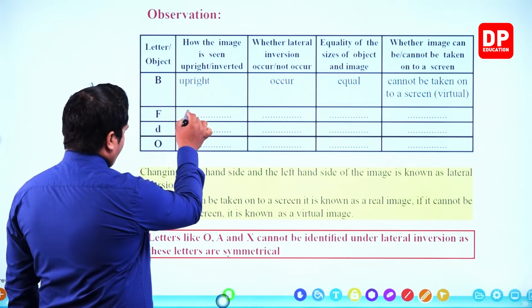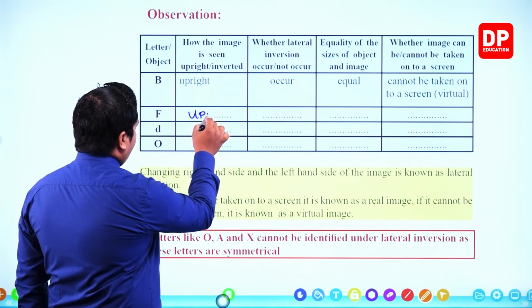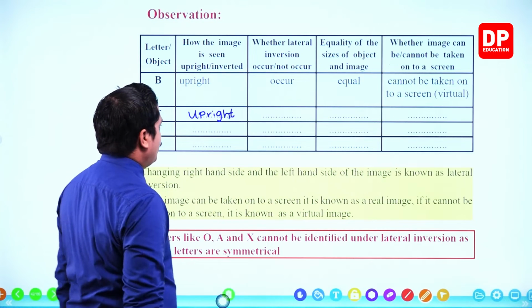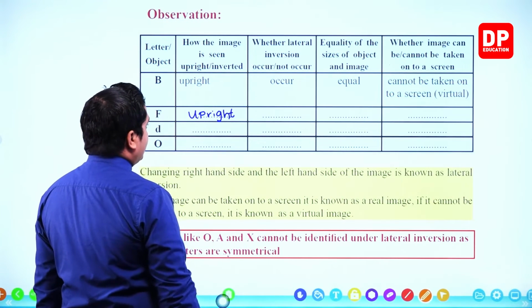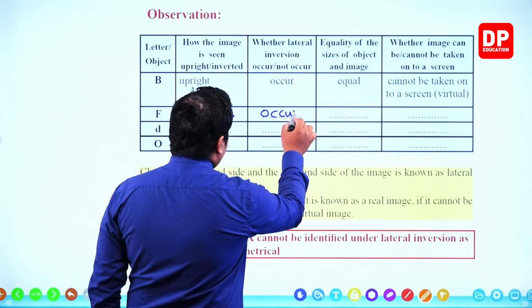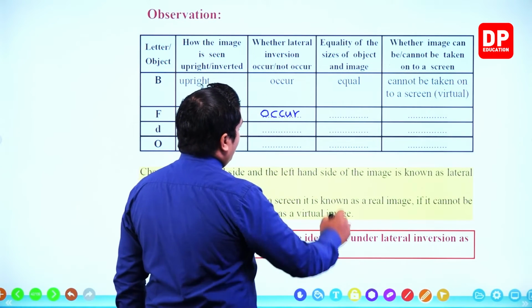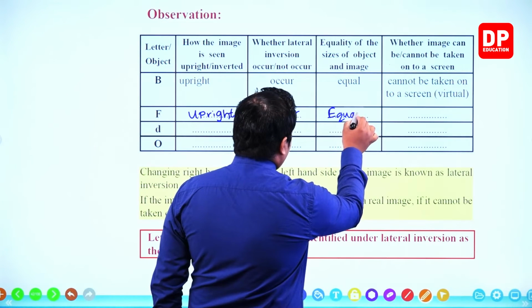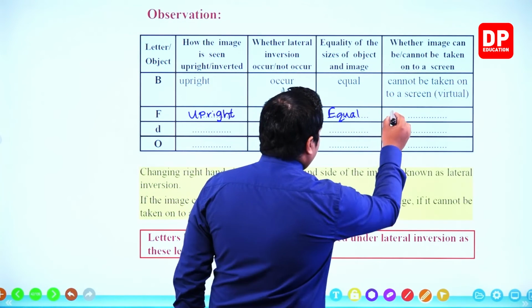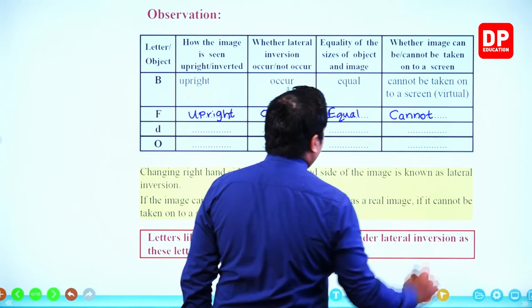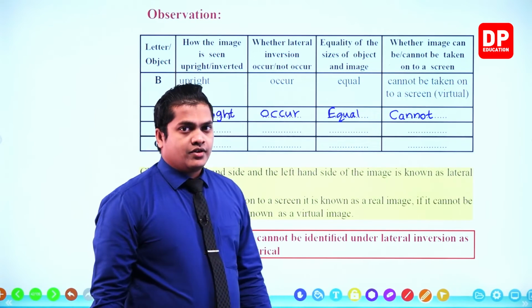F is also upright. Upright means in the same direction as the object, no difference. Lateral inversion occurred. Then the object and the image size were equal to each other. The images cannot be taken onto a screen.